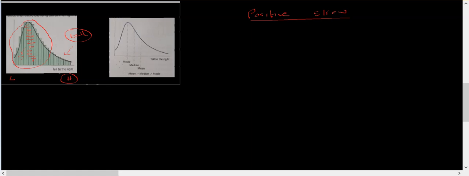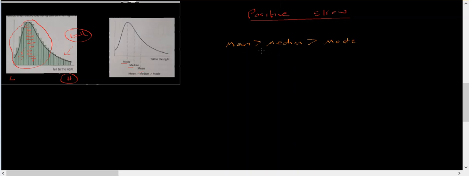Now if we think about the mode, the median and the mean, generally with this kind of data, the mean, the median, and the mode are not equal.